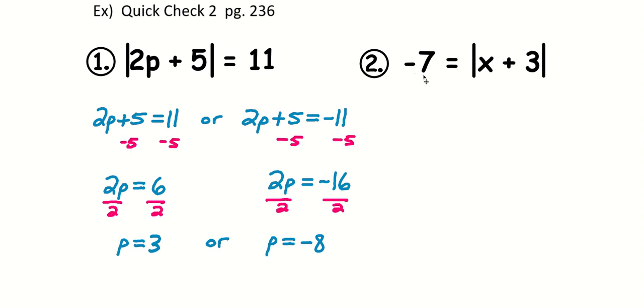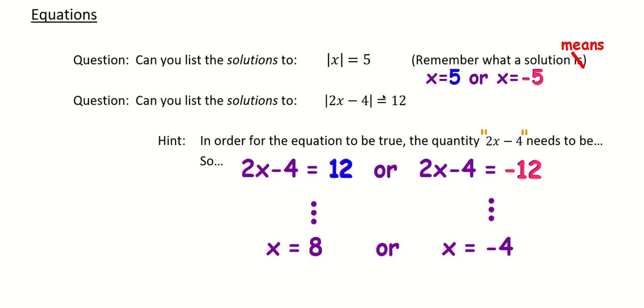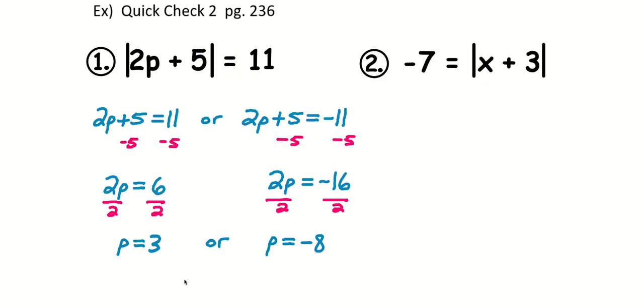Is that normal? Because look, here the first case was positive 11, and then we make it negative for the other case, which is what happened also here and also here. So is it weird that it's already a negative 7 over here?